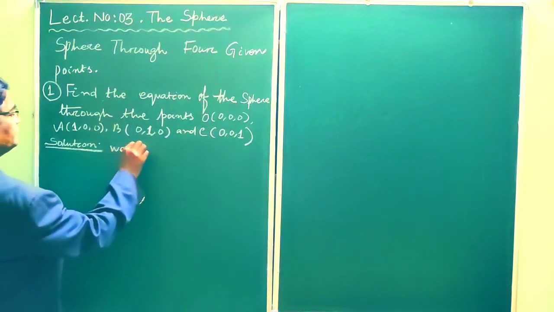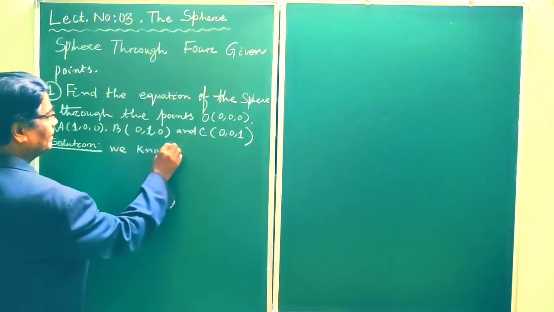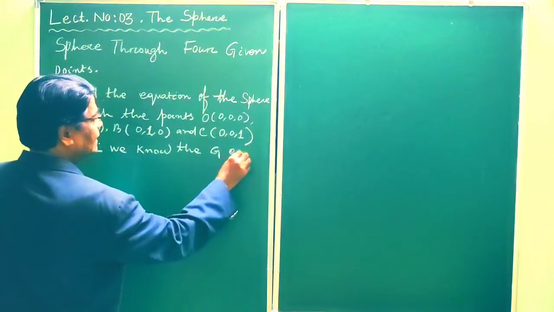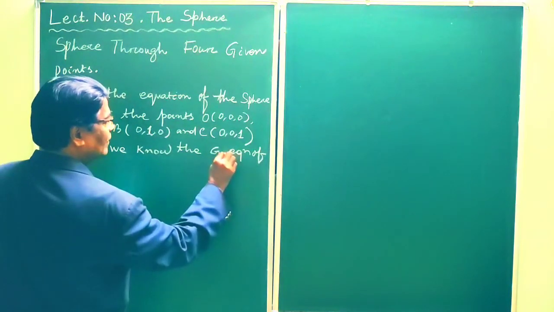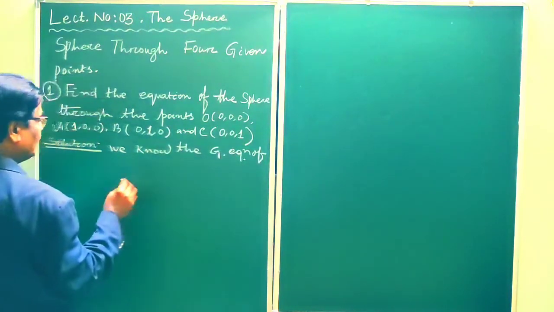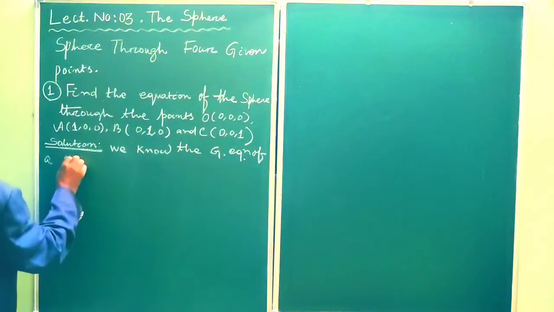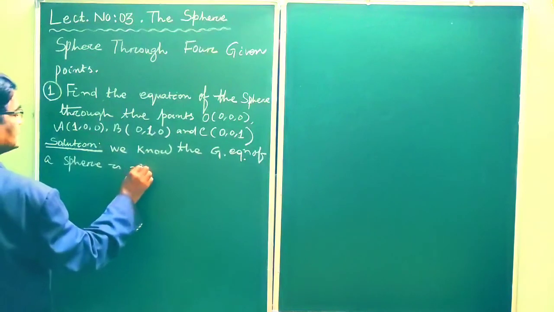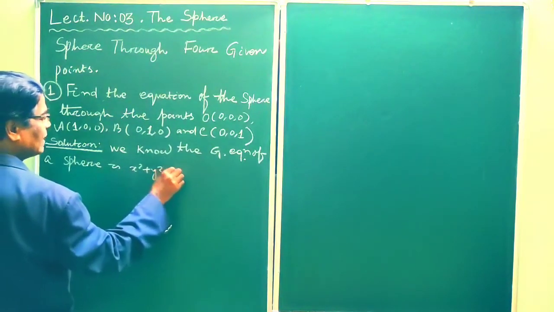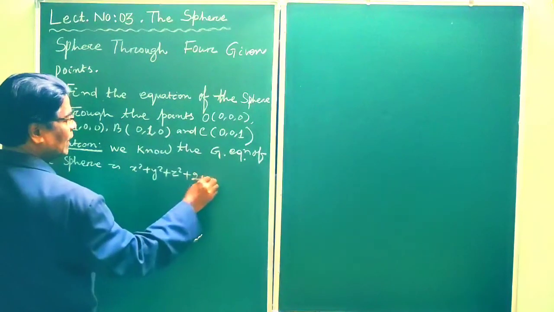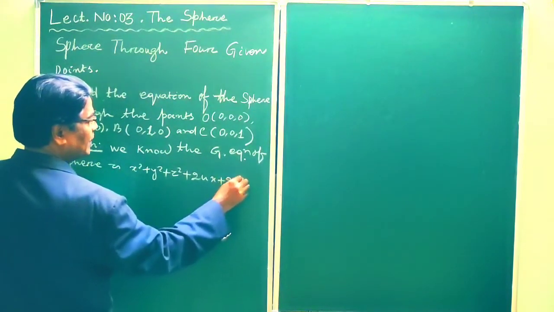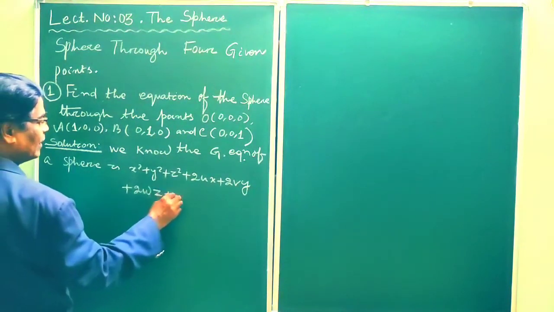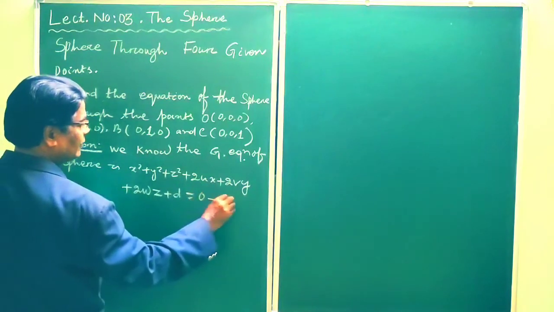We know the general equation of a sphere is x square plus y square plus z square plus 2ux plus 2vy plus 2wz plus d is equal to 0.